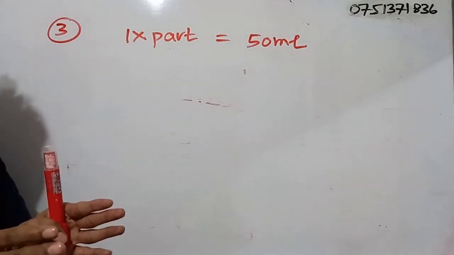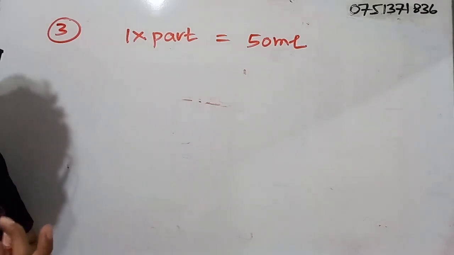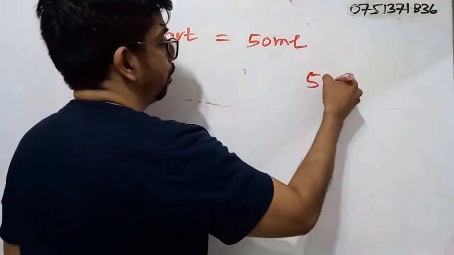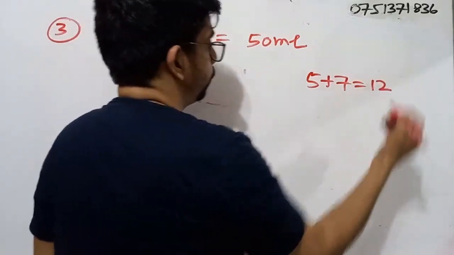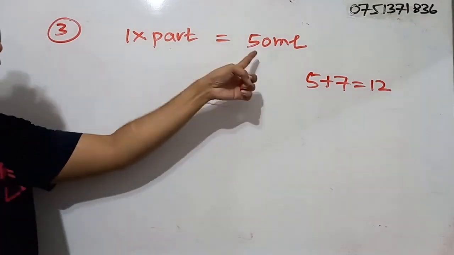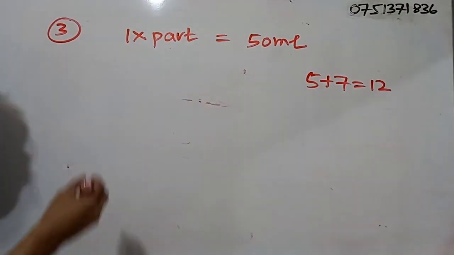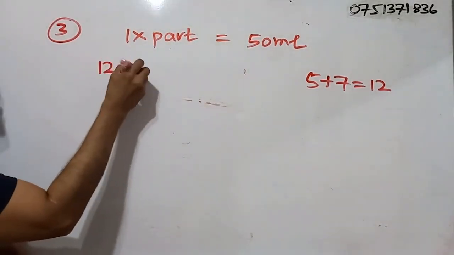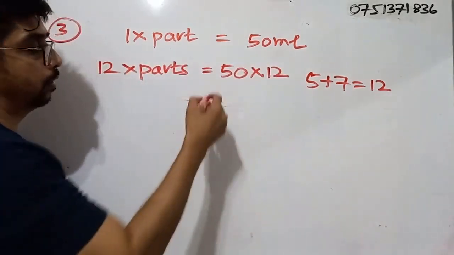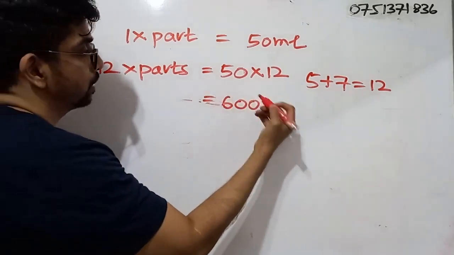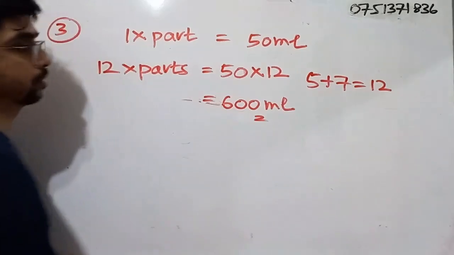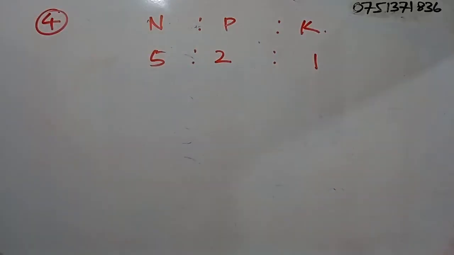So what is the total number of equal parts? 5 plus 7, we get 12. So we know the value of one part is 50 milliliters. Therefore, the value of 12 parts is 50 into 12. So what do we get? 600. So these are milliliters.